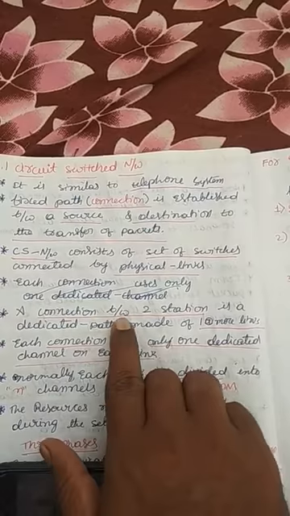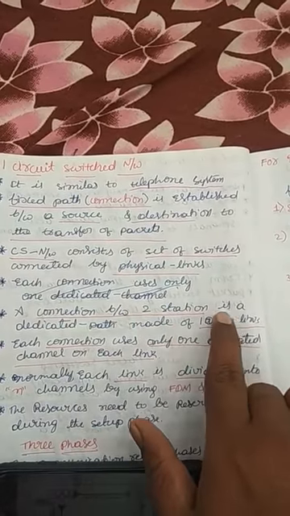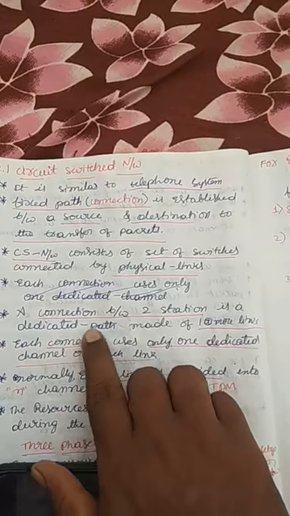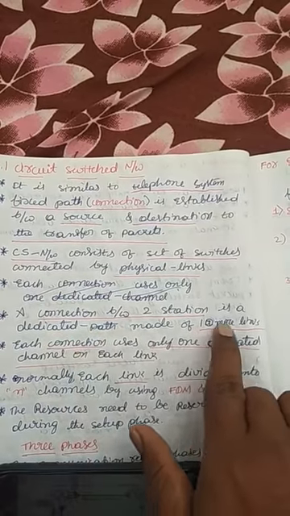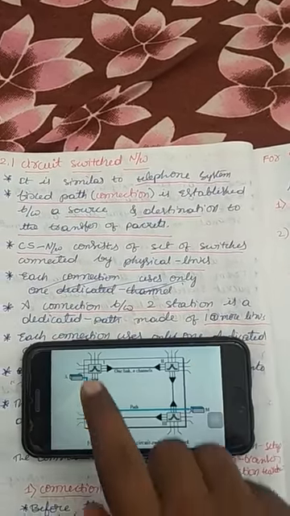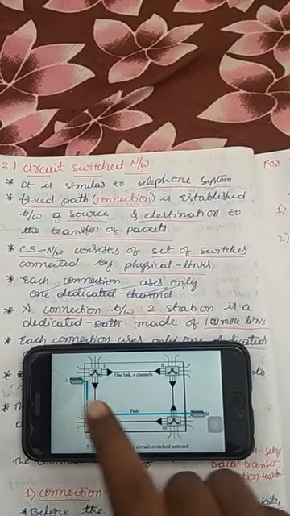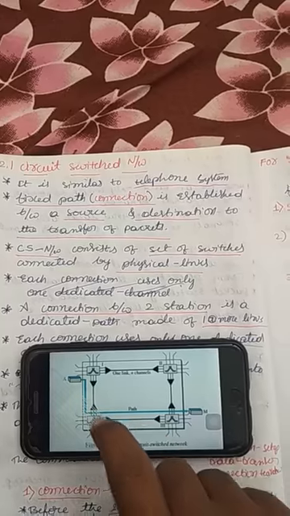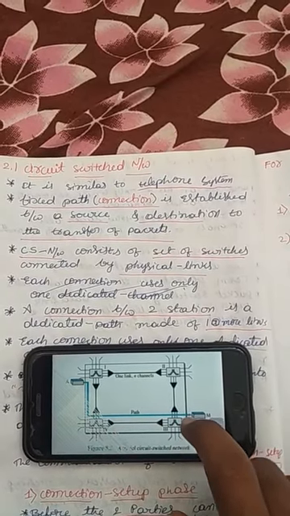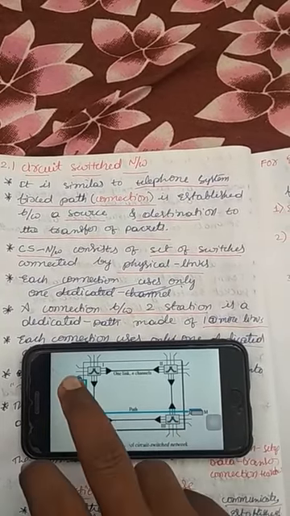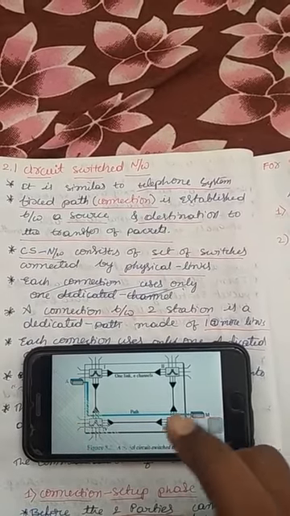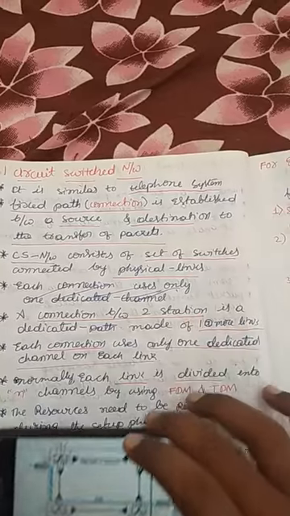A connection between the two stations is a dedicated path made up of one or more links. Means this dedicated path A to M is made up of several links.